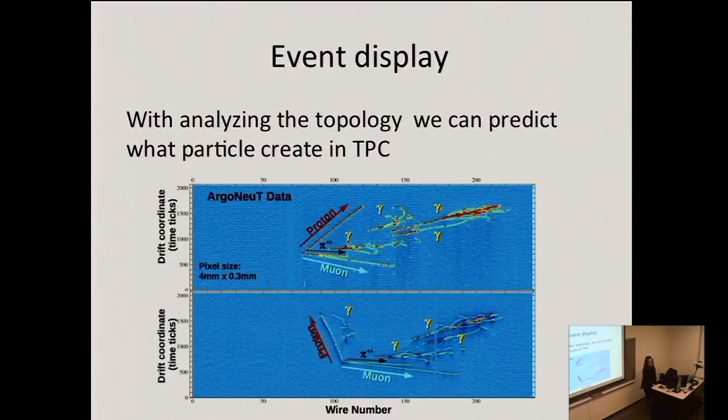The same thing happens with the photon. If there's a photon, you don't see any track, but lots of shower, because it goes to electron, back to electron. That's why we have this kind of track with short changes in direction, which is called a shower.